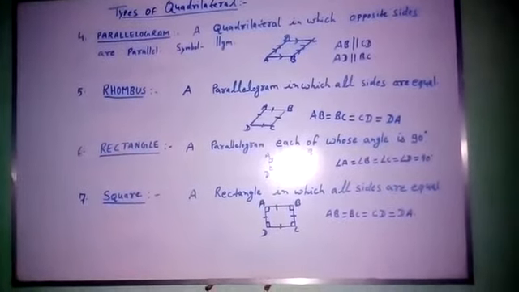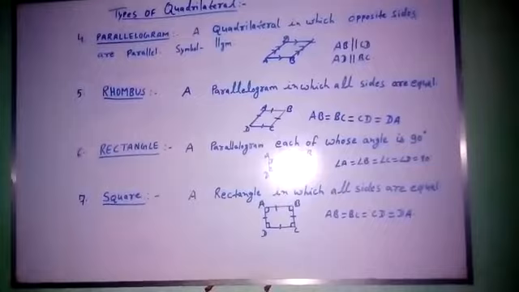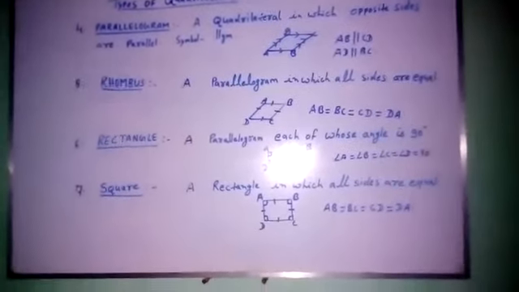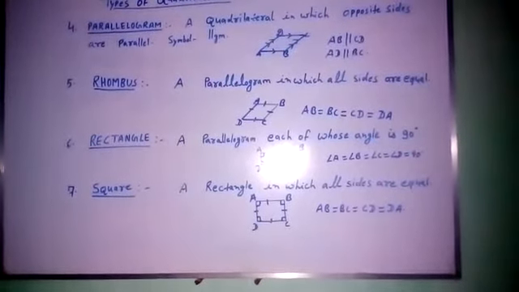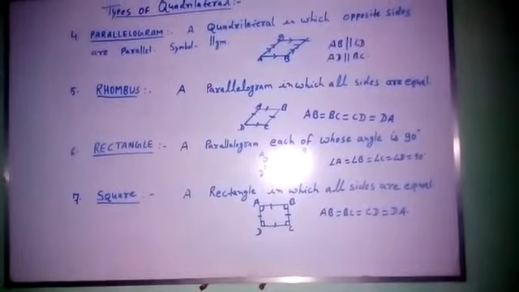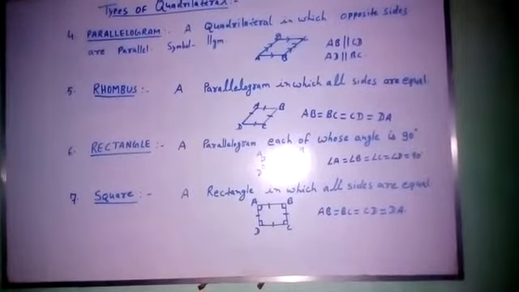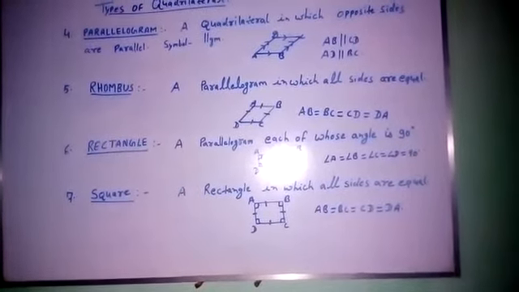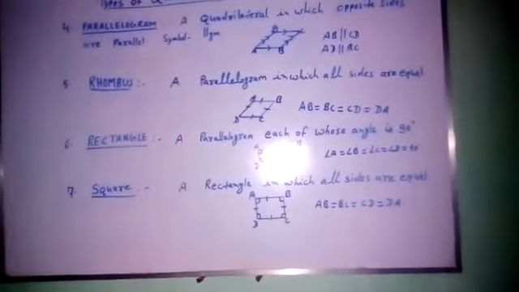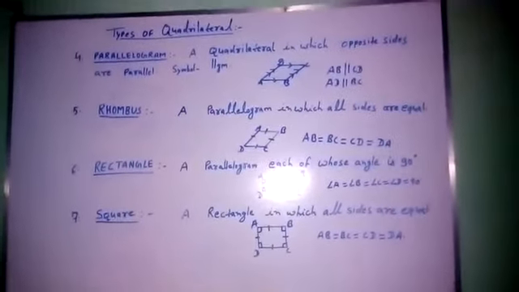See in the figure, ABCD is a parallelogram in which AB equal to BC equal to CD equal to DA. All sides are equal and it is a parallelogram, so we can say that ABCD is a rhombus. Understood?